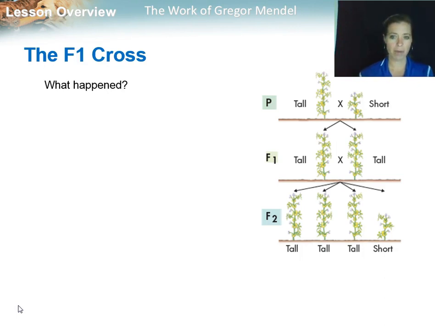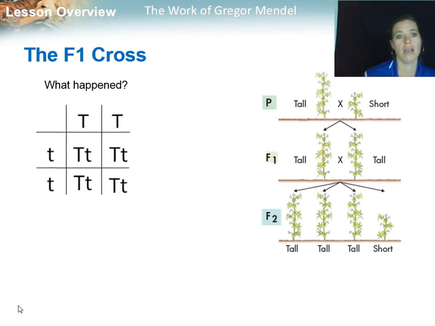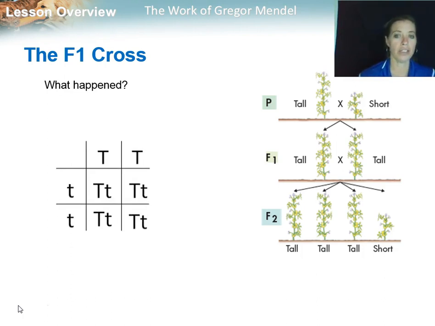Gregor Mendel came up with these charts. They're called Punnett squares, and he used them to try to track and make predictions about what would happen during crosses. So if you look at this chart, on the top is one parent. It's the true breeding tall parent, which means it only has the dominant allele, the big T and the big T. On this side, you see the little t and the little t of the true breeding other parent.